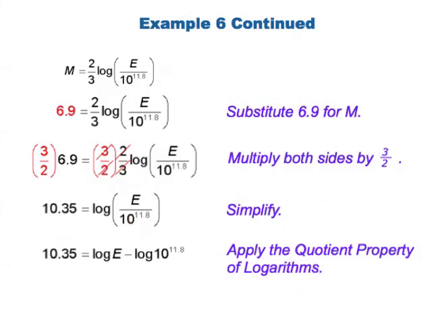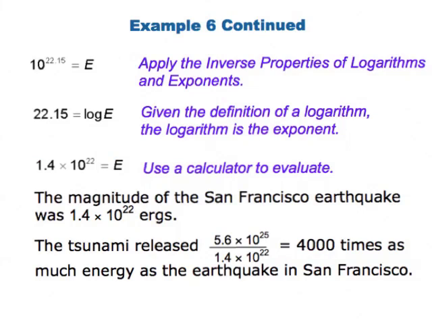You're going to see this logs out, leaving you with 11.8. Okay, after I add 11.8 to both sides, I am going to get log base 10 of E is equal to 22.15. Now, we're going to take this here. Remember, this is base 10, so it's going to be 10 raised to the 22.15 equals E. So there it is here. We're going to plug that into our calculator.